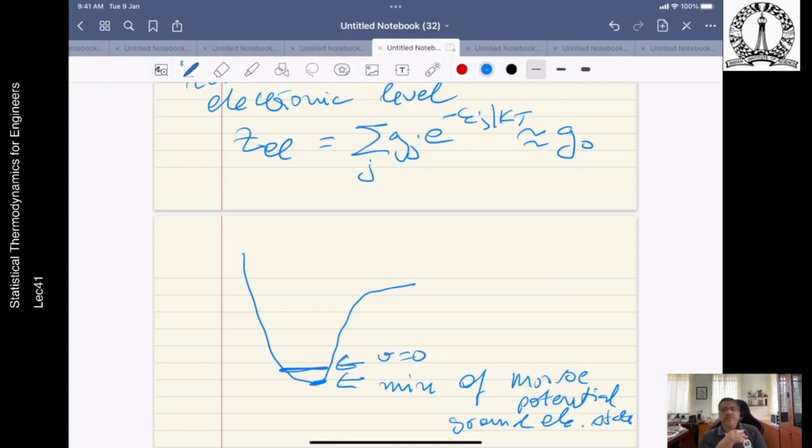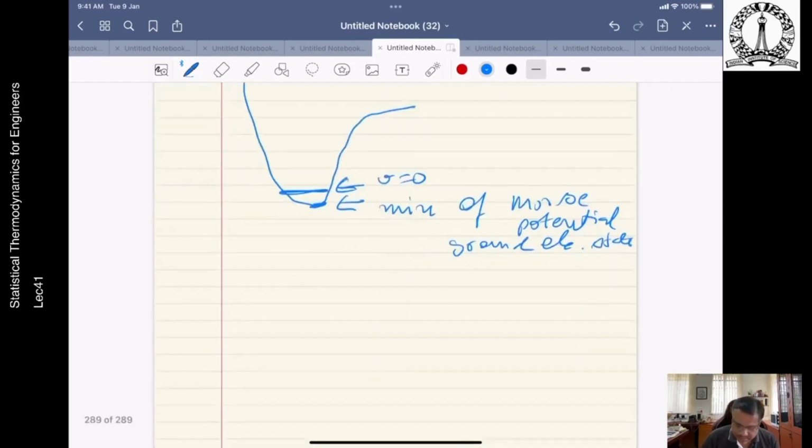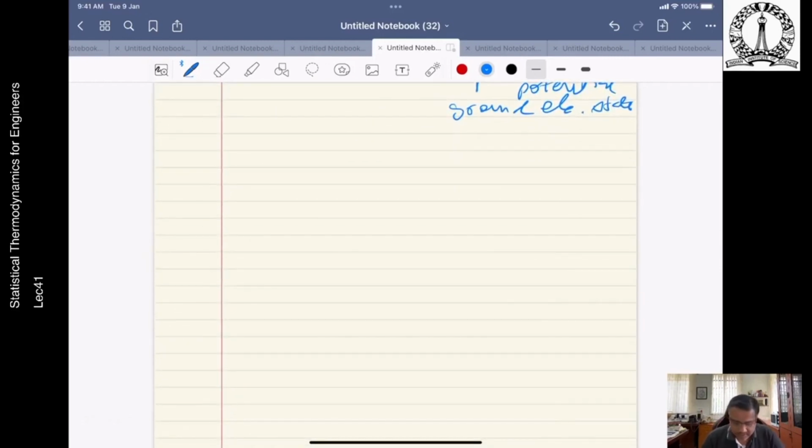Another possibility is to set the zero at the ground electronic state corresponding to those atoms produced by dissociation. This, of course, requires that we define a dissociation energy as well as a binding energy. So there are a variety of things that we then need to do. Let us draw this diagram properly and see the possibilities. So this is one, this is the other one.